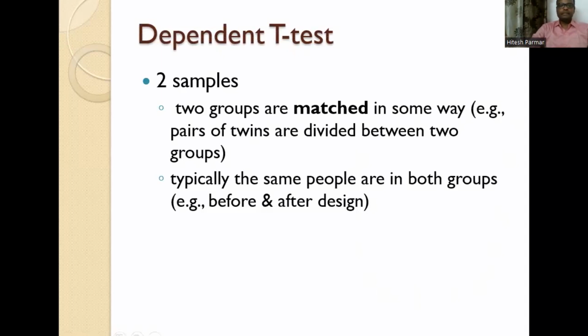As the name suggests, paired means we are pairing the groups of variables as before and after design. Some event we are comparing, before that event and after that event, what is the significant difference. So two groups are matched in some way.